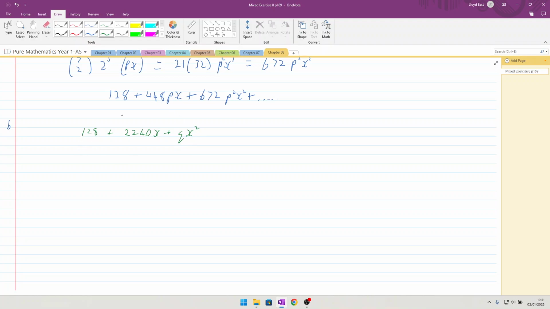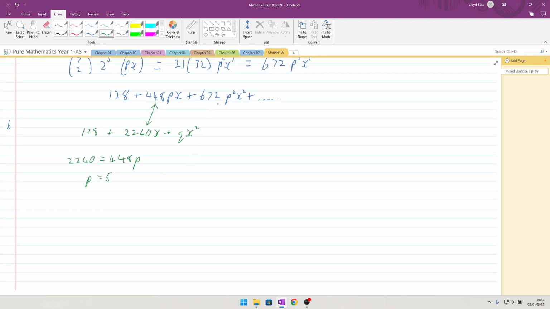Well, we can start here by saying those two terms are the same, so we can say 2240 is equal to 448p, so that means p is equal to 2240 divided by 448, which is 5.